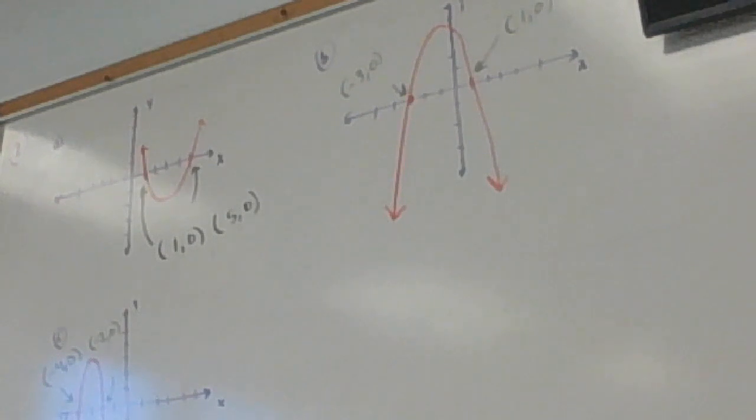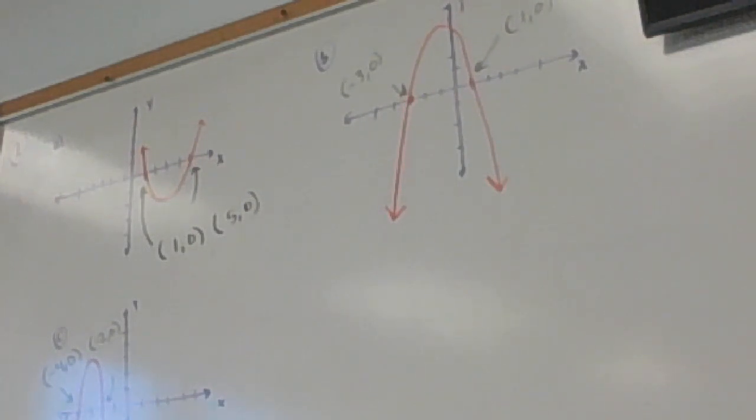So when it comes to parabolas, a lot of times there are two x-intercepts. Every now and then there's none, and every now and then it can just turn exactly at one point. Okay?